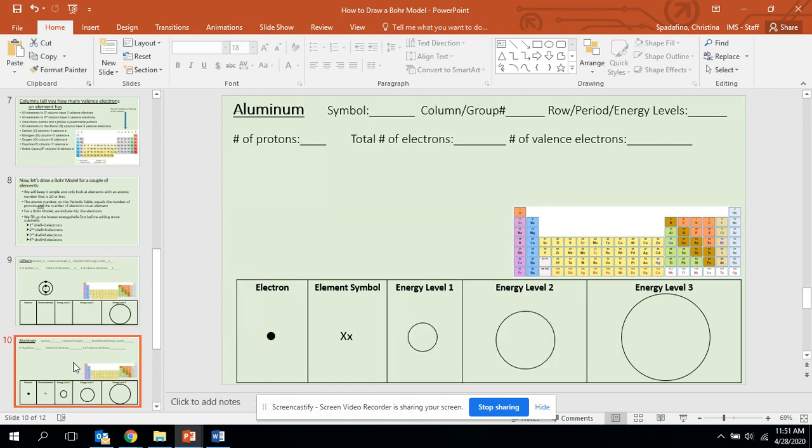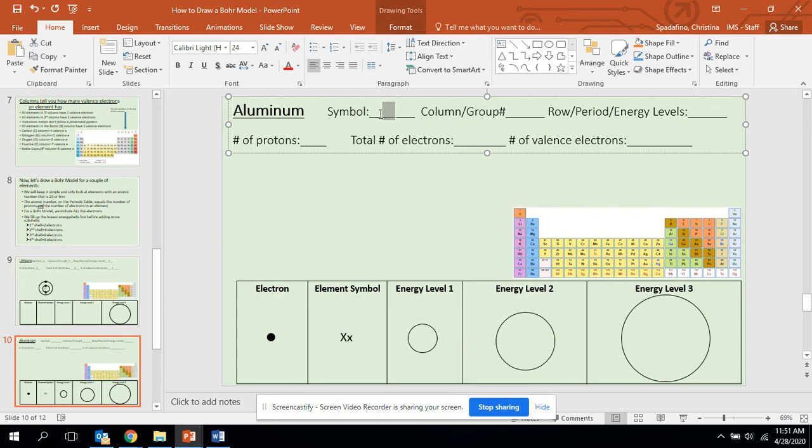Let's try another one. Aluminum, or as one of my students would say, aluminium. So the symbol for aluminium is capital A, lowercase l. The column we find aluminium is right here. So this is column 3.